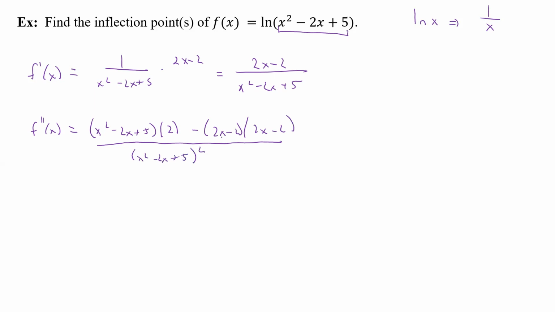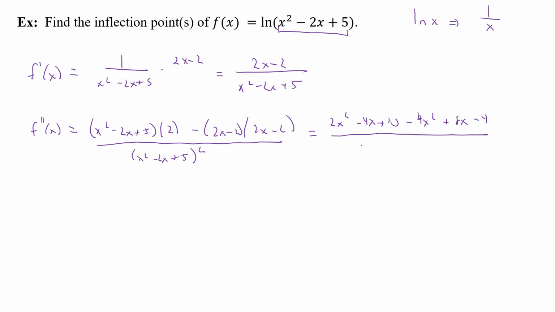Okay. And so can we simplify that? Yeah, that's going to be 2x squared minus 4x plus 10 minus 4x squared. And then that's going to give us a minus 4x minus 4x, so a minus 8x, but it's the negative of that, so it's going to be plus 8x. Then minus 2 times a minus 2 is plus 4, but that's being subtracted, so it's a minus 4.